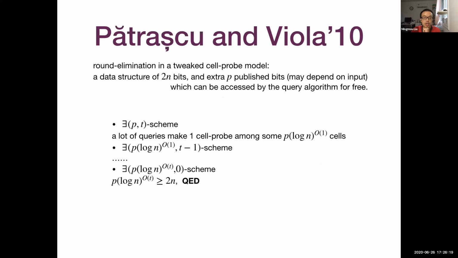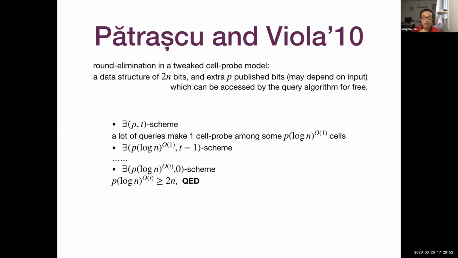The classical round elimination was developed by Pătraşcu and Viola in 2010. Their proof uses a variant of round elimination in a tweaked cell-probe model. In this model, a data structure may use 2n bits of space and p extra published bits. So the space complexity is 2n plus p bits. The published bits may arbitrarily depend on the database. They can also be accessed by the CPU for free.